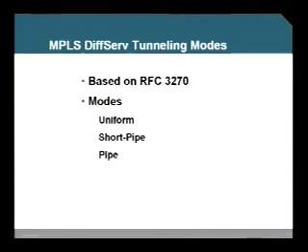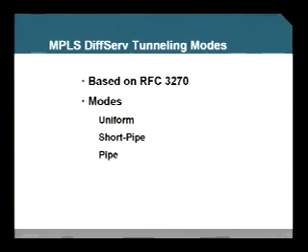Are you on the imposition side, meaning you are adding a fresh label? Are you on the disposition side, meaning you are throwing away the label and going out IP again? Or you are swapping the label? Because there is a variety of possibilities. RFC 3270 came up with 3 predominant modes: uniform, short pipe, and pipe.